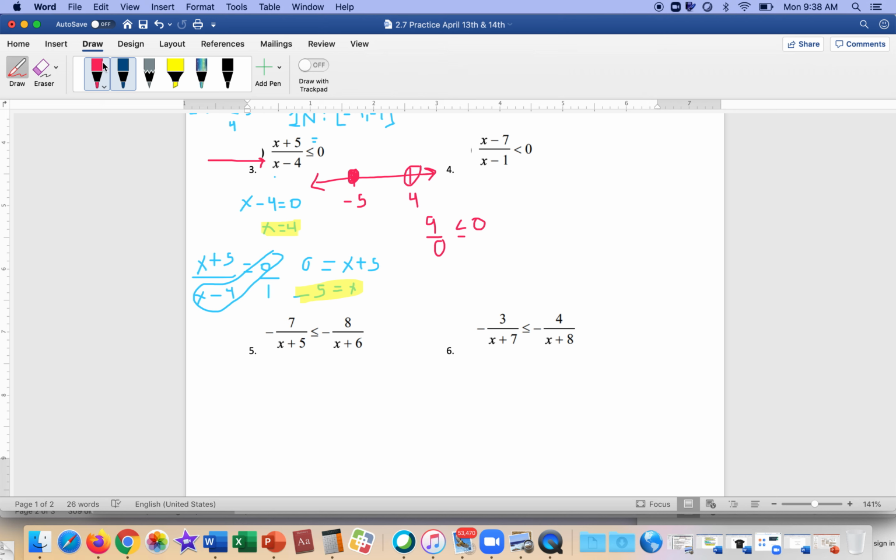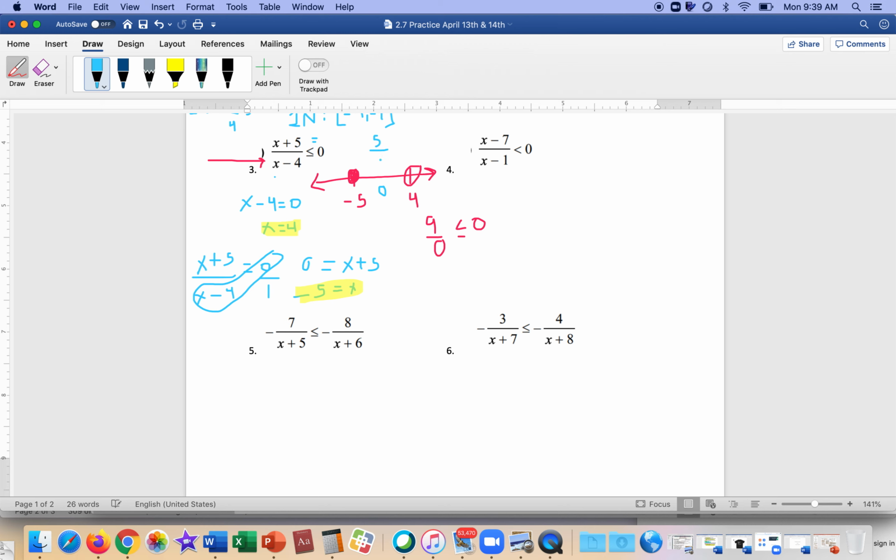Okay, then we can look at different values in different regions, so in between and on either sides. So if I test 0, 0 plus 5 is 5, and in the denominator, 5 minus 4 would get us 1, and is 5 less than or equal to 0?